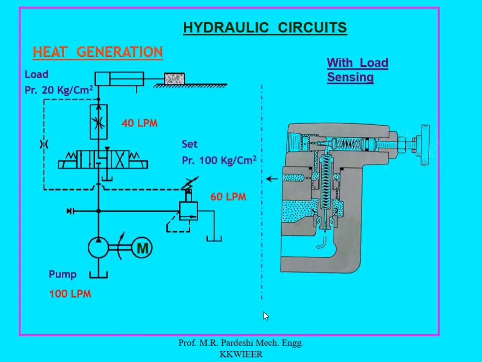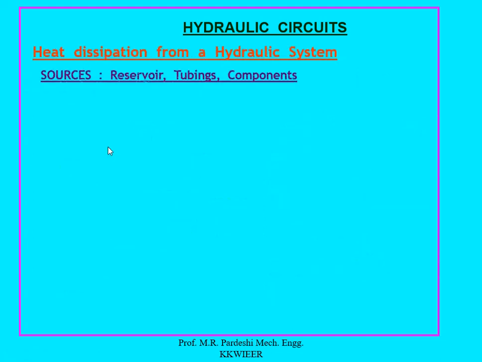Then the heat generation taking place, again another example: here the set pressure is 60, the pump delivers 100 lpm, and 40 lpm is lost at the flow control valve, and due to that, with load sensing, we can calculate it.